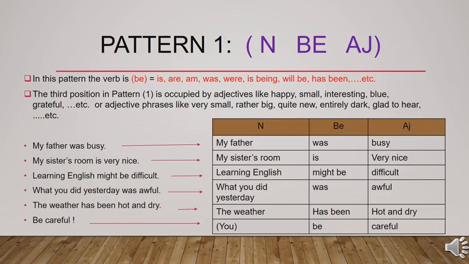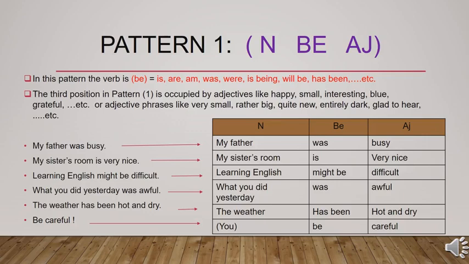The third position is occupied by adjectival. Adjectival can be an adjective alone, like happy, small, interesting, blue, easy, difficult, grateful, etc. Or adjective phrases.